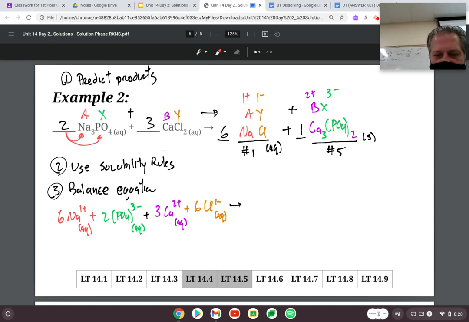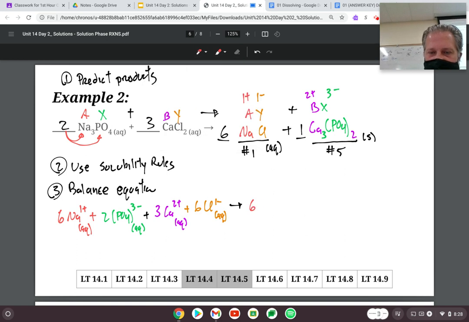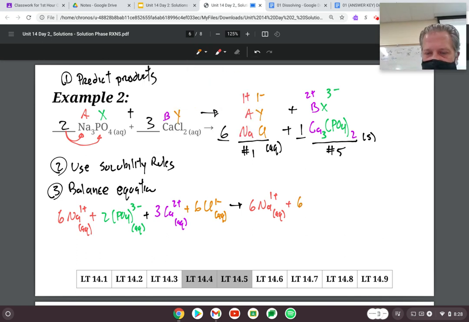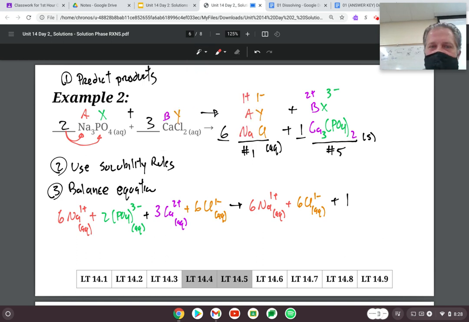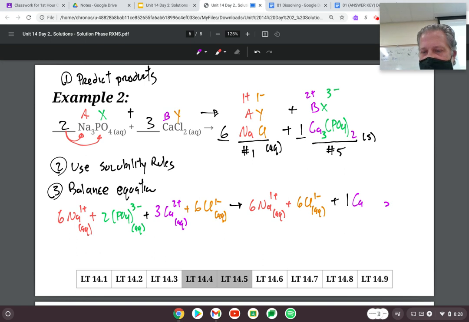And on my product side, I have 6 sodiums, which is aqueous, and 6 chlorides, which is also aqueous. And I have, for sake of balancing, 1 Ca3(PO4)2.